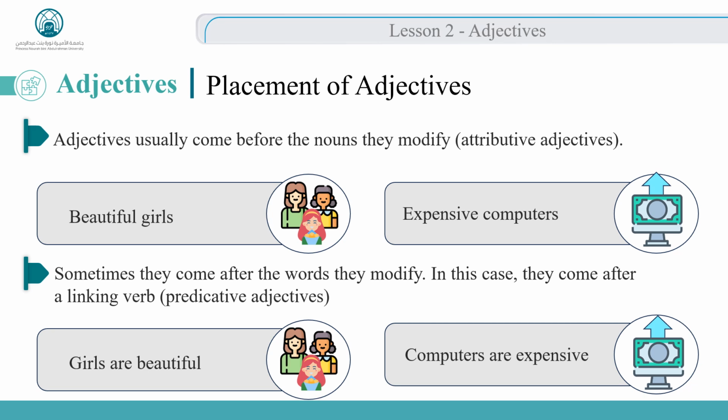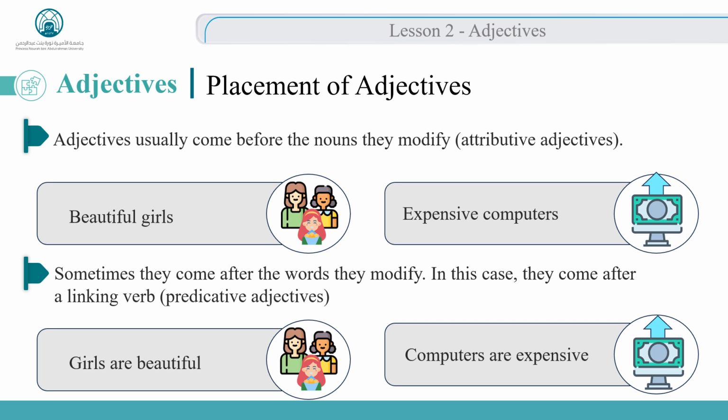To be specific, they come after the linking verb. Of course, the most common linking verb is be, any form of the verb be, which takes three forms in the present tense: am, is, and are, and two forms in the past tense: was and were.